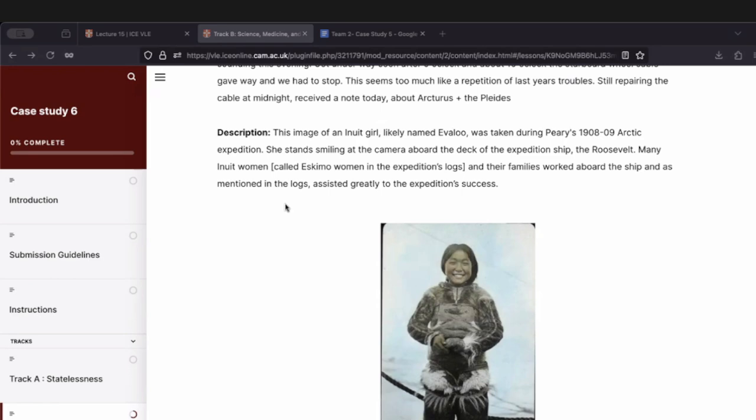But just correct yourself and, when you're writing your analysis, ask yourself, is this actually there? Or am I thinking this? Am I projecting this onto the source? So just be careful with that when you analyze any source, but especially with visual sources, we tend to fall into that trap a little bit.